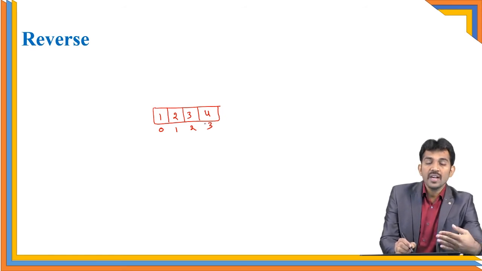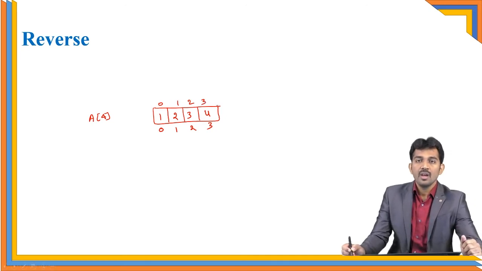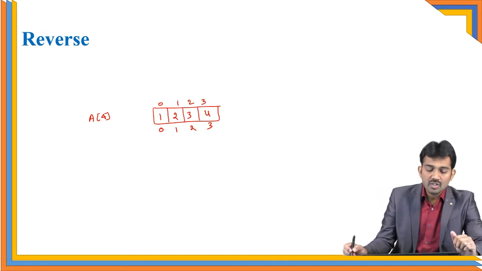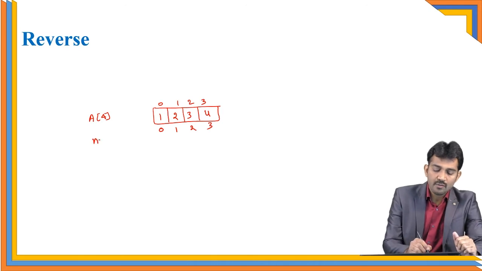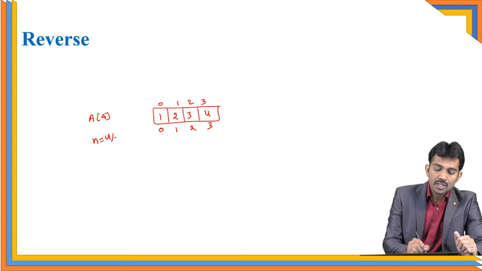I'm going to divide this array into two parts. The array has 4 elements, indices 0, 1, 2, 3, so n is 4. n by 2 is 2, the middle value.